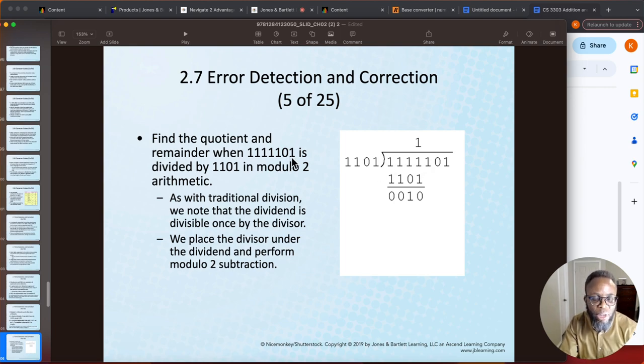Let's say that the information that you wanted to send is represented as 111, this right here. And let's say that the divisor is this 1101.